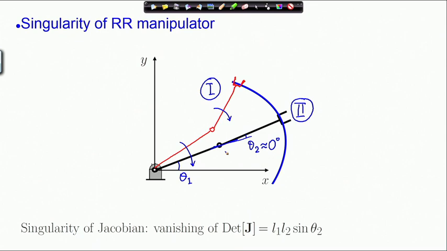Now, here theta 2 is roughly equal to 0, and we have discussed that the Jacobian is singular when the determinant goes to 0, which in this case it is, because theta 2 is almost equal to 0 or 0 at this configuration. So, in that case the determinant of the Jacobian vanishes, and therefore, the Jacobian is no longer invertible. So, this is a singular configuration.